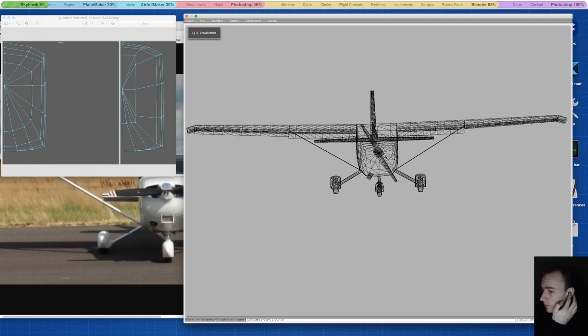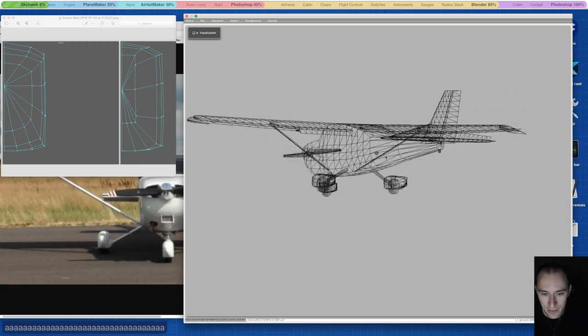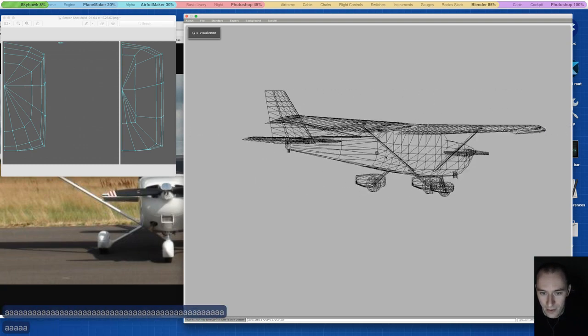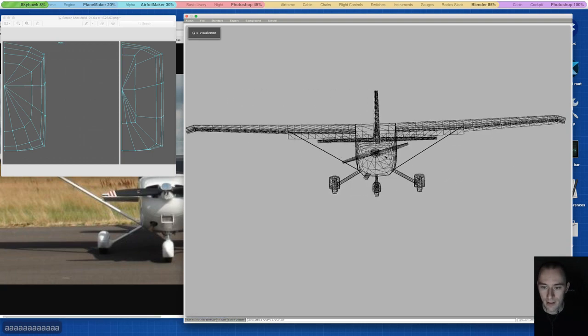Then we're going to create a very basic 2D cockpit that I'm never going to use, but just for the sake of knowing how fast we are flying. And then we're going to do our test flight in X-Plane, and that's going to be quite a stream. So no, we're just modeling right now. And it's looking pretty damn good.